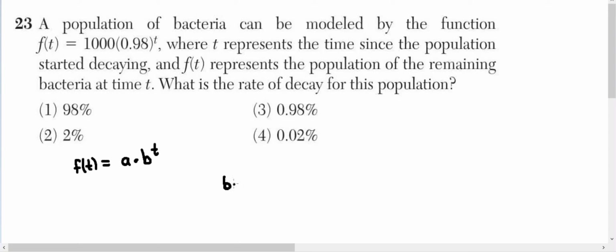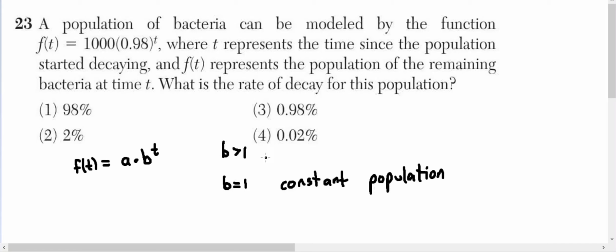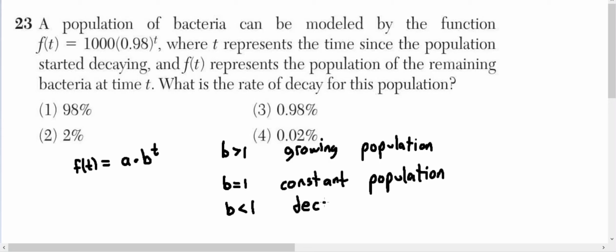When b is equal to 1, which rarely ever happens in any interesting situation, this is a constant population, because it's pretty rare to have anything stay the same. If b is greater than 1, you have a growing population. And the other direction, when b is less than 1, you have a decaying population.